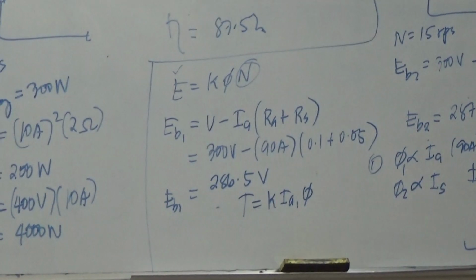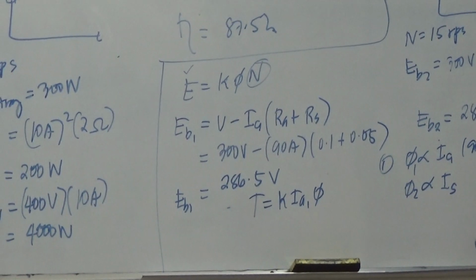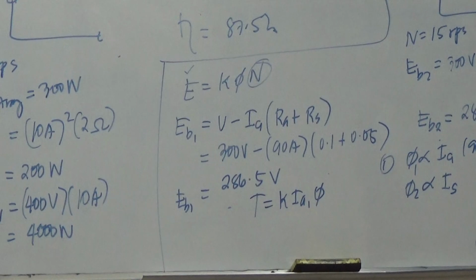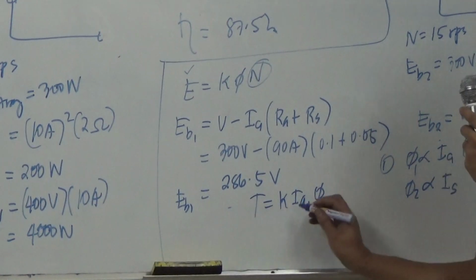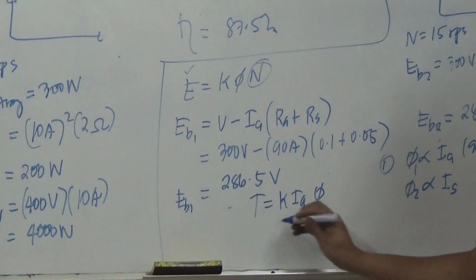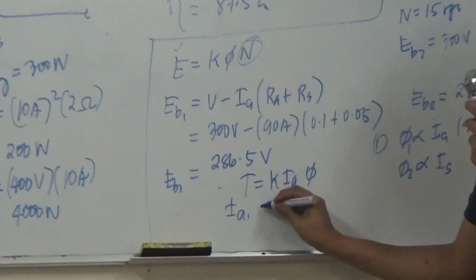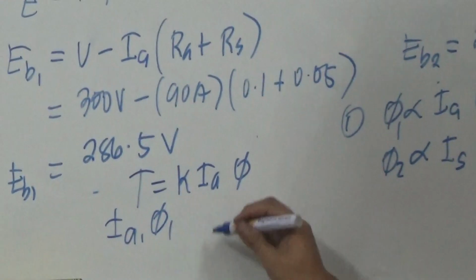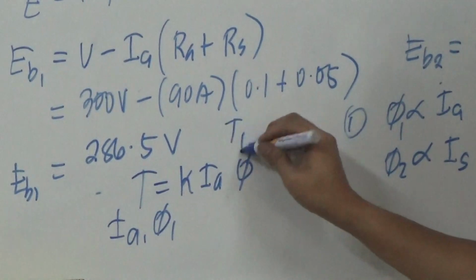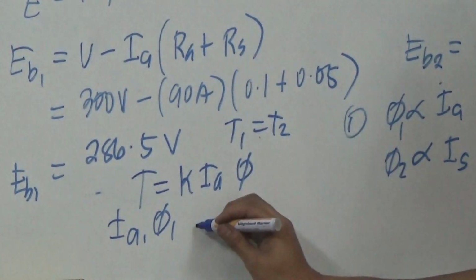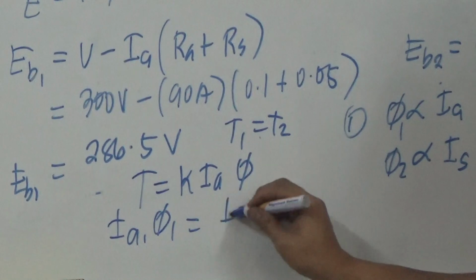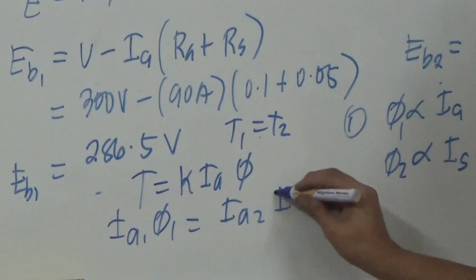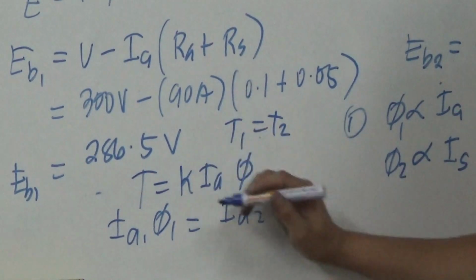Same torque lang sila. Developing full load torque. Kung same torque lang, let's say IA1 and flux 1, or yung torque 1 is equals to the torque 2. Same lang sila. So IA2, flux 2.